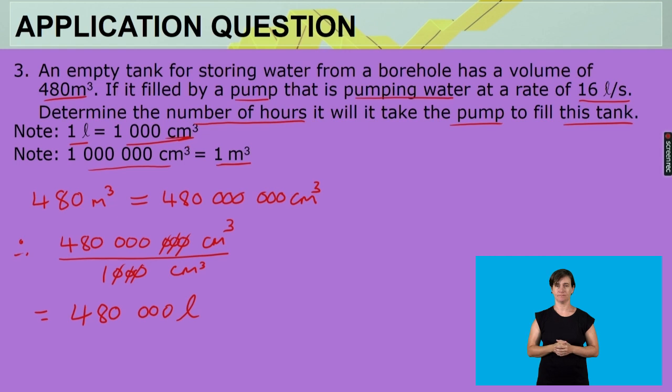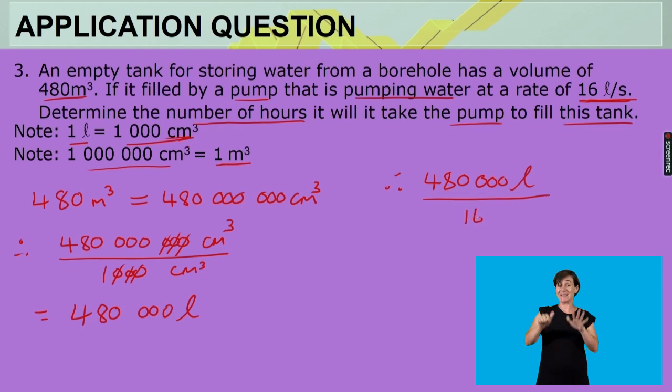Guys, you still with me? Right. So remember now, I'm at liters. Now we are saying that this pump is pumping water at a rate of 16 liters per second. So now I know the amount of liters I have. Therefore, I'll take the 480,000 liters and divide that by 16 liters to see how many seconds that will take.